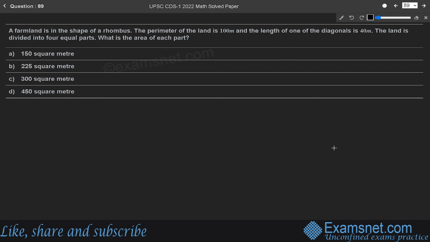See, this is a question that comes from the congruence part, and the question is about a rhombus. So first let us make the required rhombus, because it will be easy for us to understand then. So let this be the required rhombus and these be the 2 diagonals.